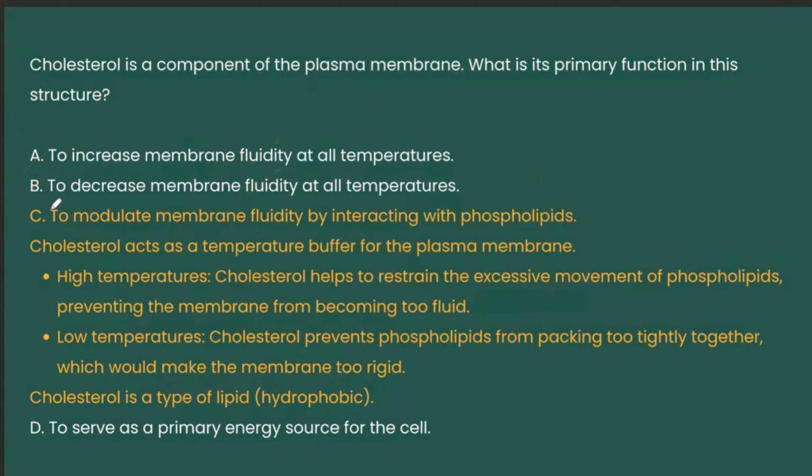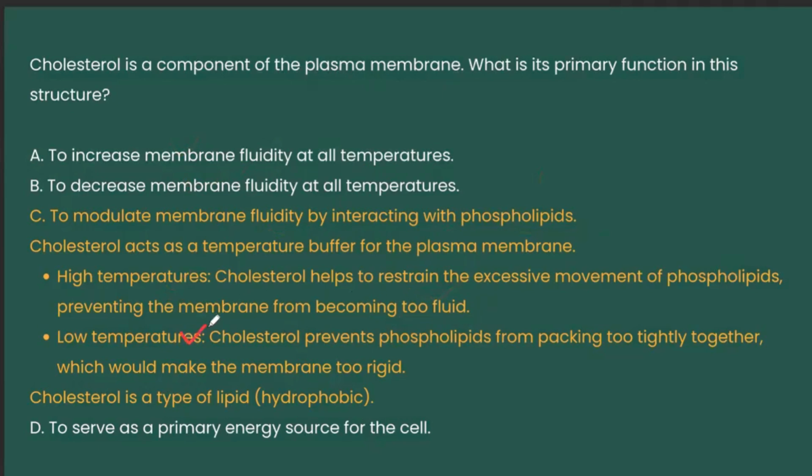If you remember, cholesterol maintains the fluidity, not just by increasing or decreasing it at all temperatures. It modulates the fluidity by interacting with the different phospholipids. At high temperatures, cholesterol tends to restrain excessive movement of phospholipids, preventing the membrane from being too fluid.